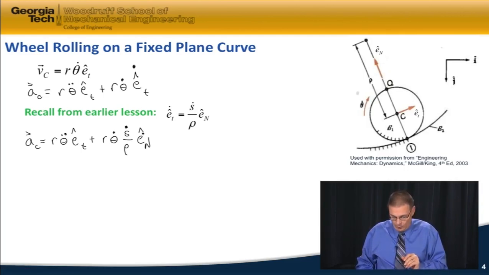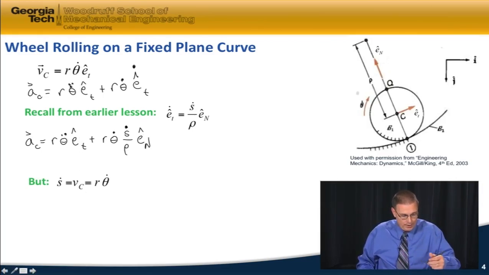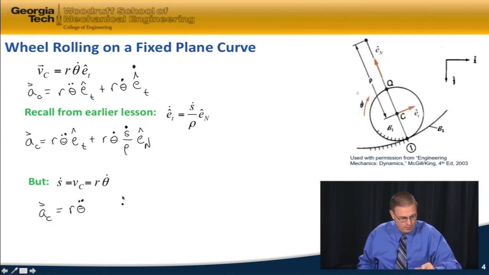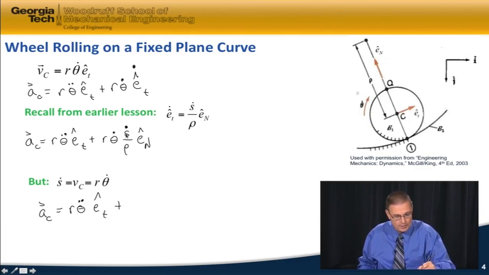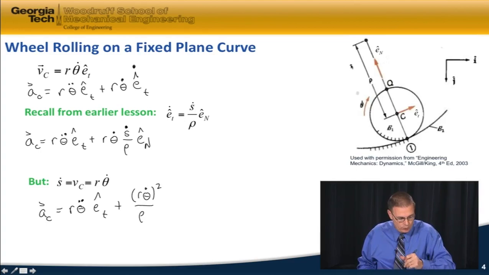S dot, however, as we said earlier, is the magnitude of the velocity, or equal to r theta dot. And so I can substitute that in, and I get a sub c, the acceleration of the center of the wheel, is equal to r theta double dot e tangential, plus, now since s dot is r theta dot, r theta dot squared over the radius of curvature to the center of the wheel, e normal.